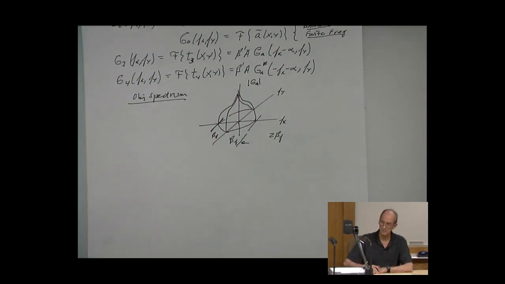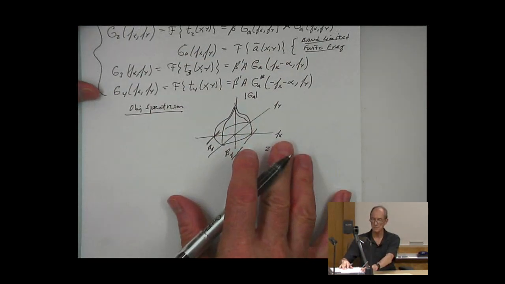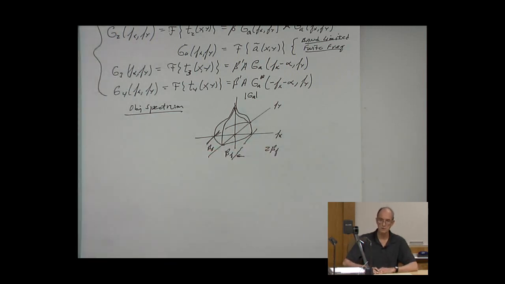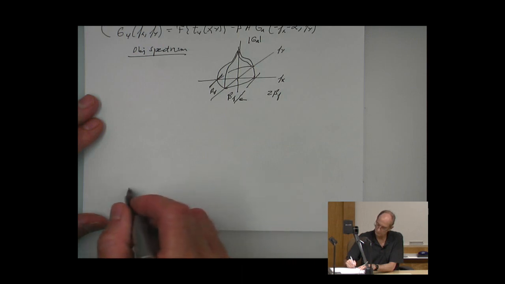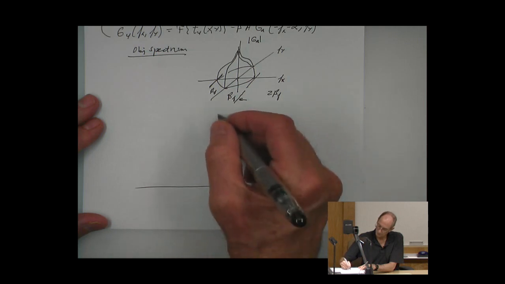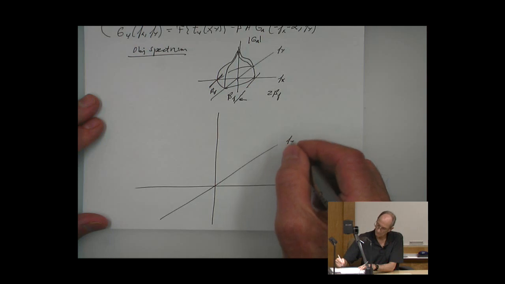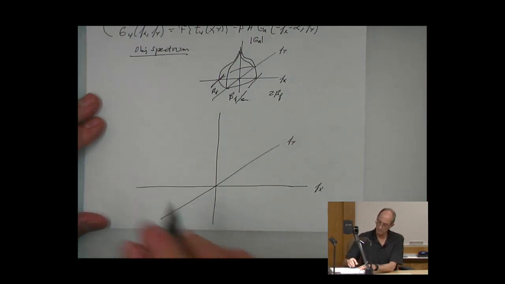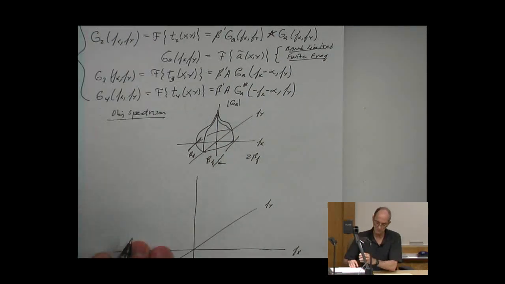So let's look at all of these frequency components that are part of the reconstructed field. There's not just one of those, but all of them, so let's plot those. If we plot our f sub x and f sub y, like so, the first component is a weighted delta function.